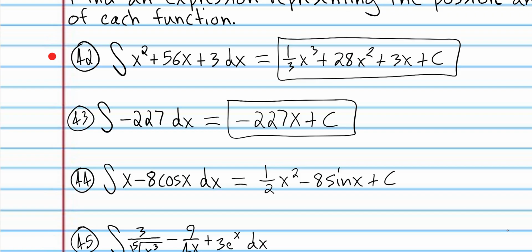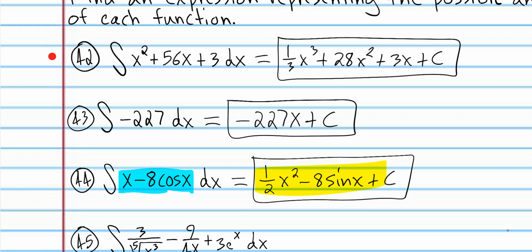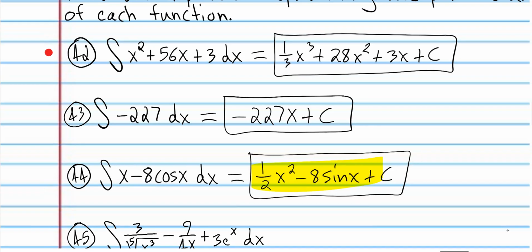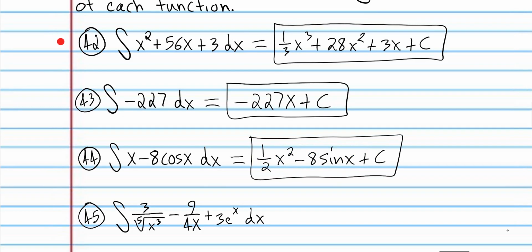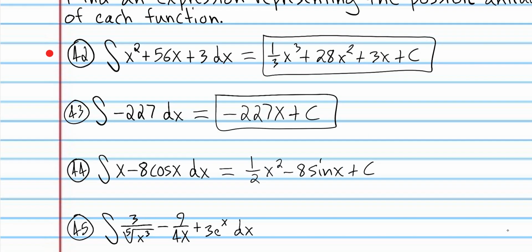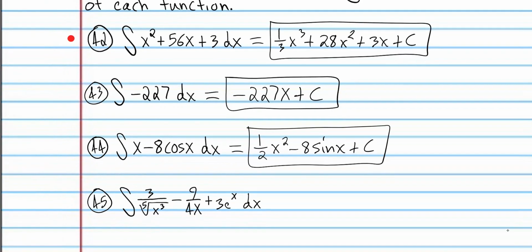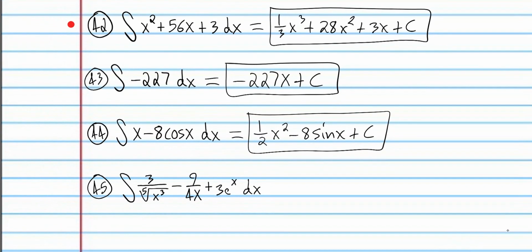And again, you can confirm that just by finding the derivative of this expression and seeing if you get the blue expression. That is the antiderivative of x minus 8 cosine x.